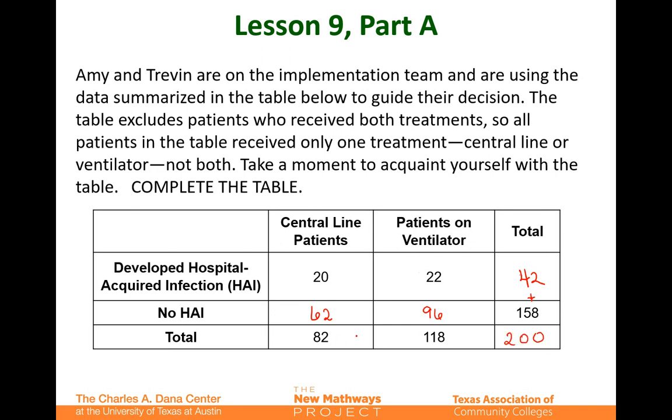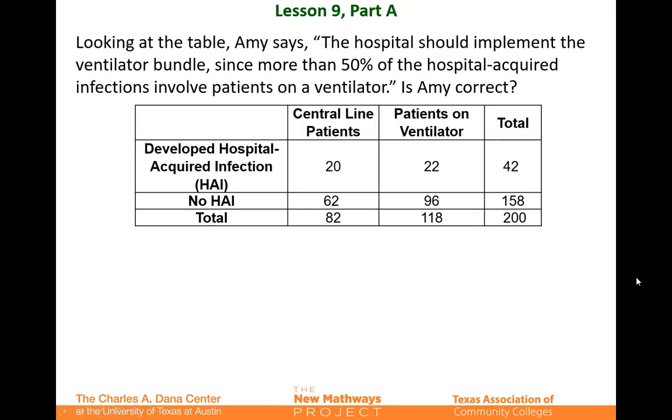But if I do 82 plus 118, that also is going to equal 200. So it's kind of a check. The columns all add up to be the total across the bottom. And the rows also add up. So there's our table. And there they've completed it for us.